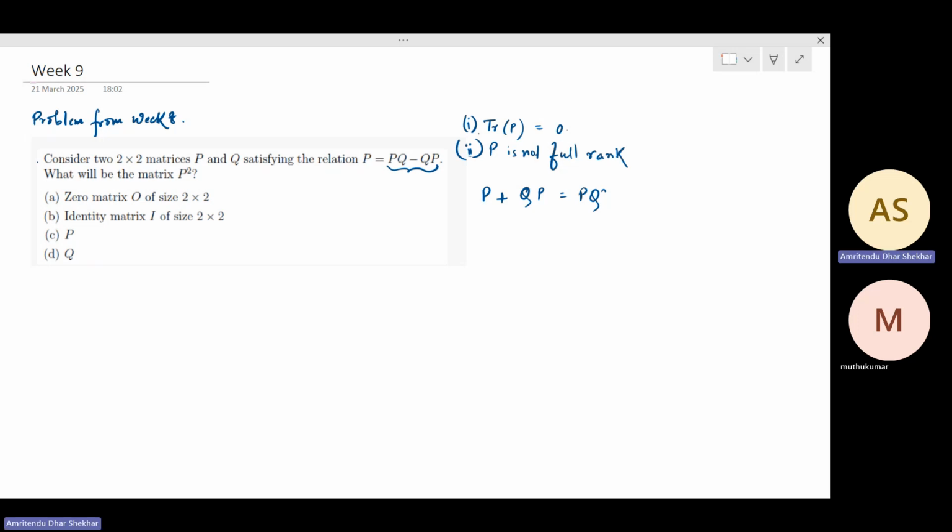Now let's multiply on the right hand side with P inverse so that we get 1 plus Q is equal to PQ P inverse.